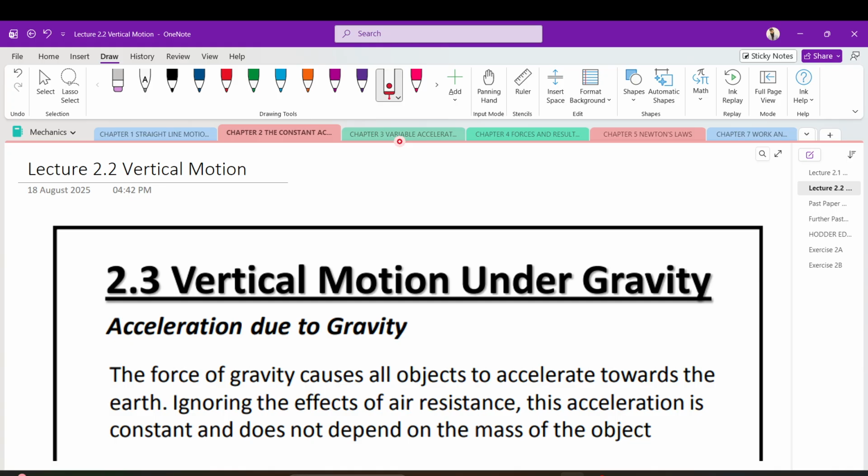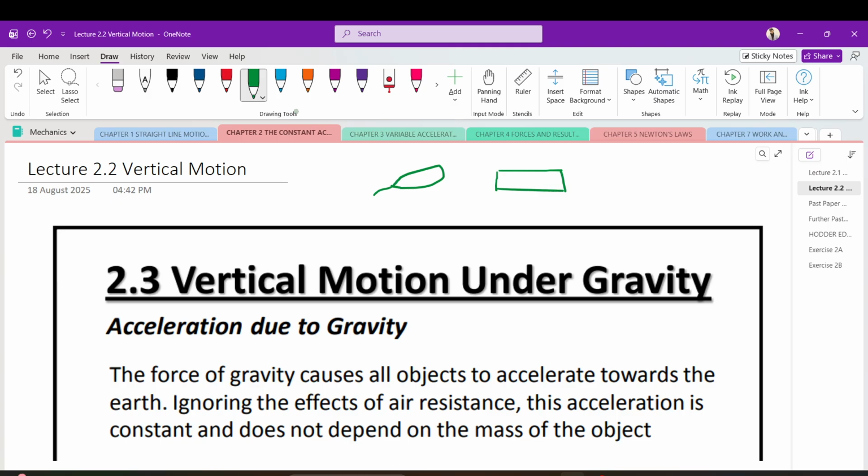So if we ignore the air resistance, what happens? Let's say I have a feather, something which is as light as a feather, and then I have a brick.